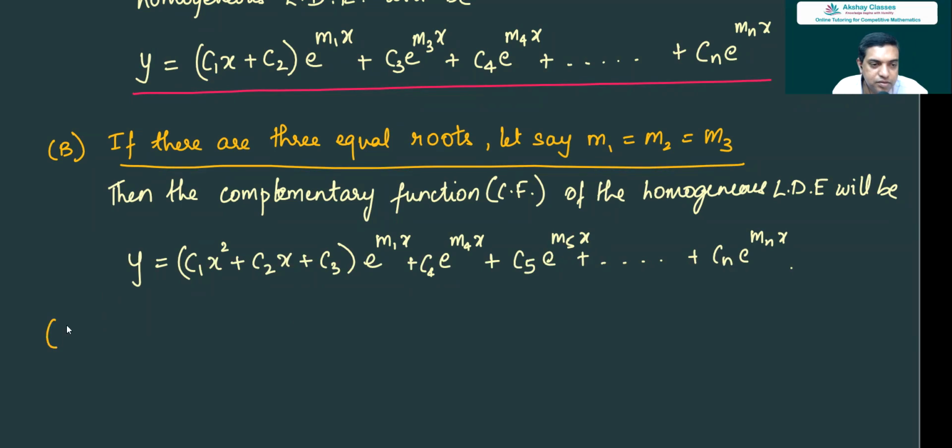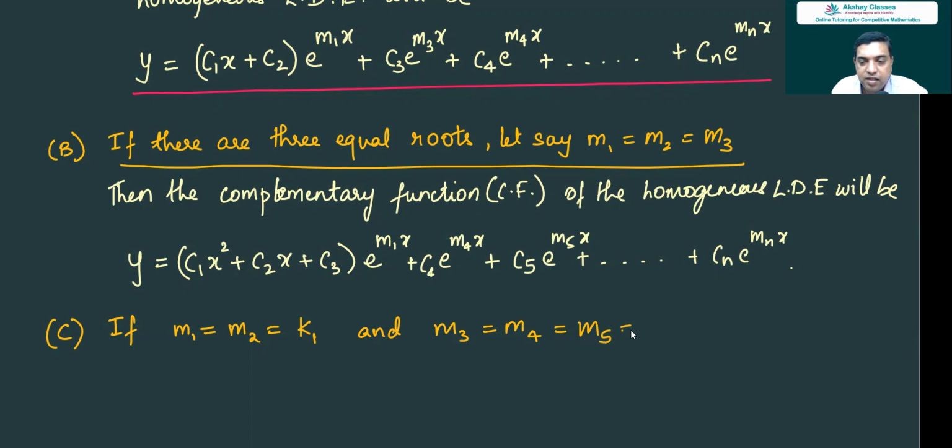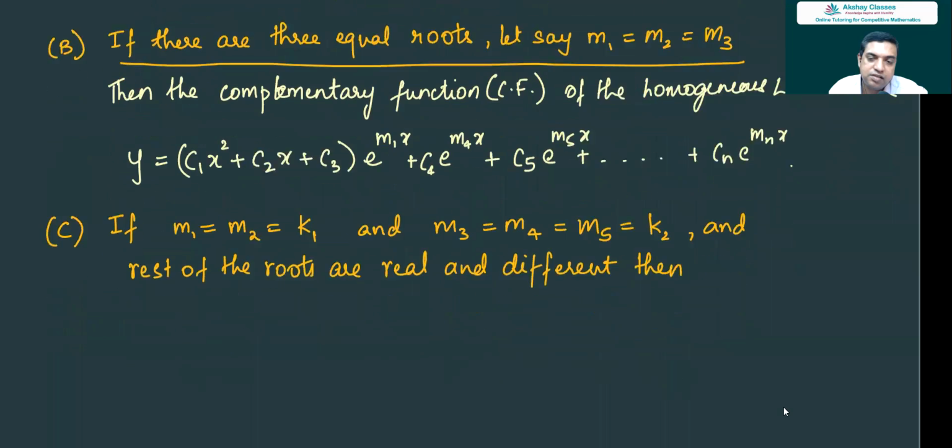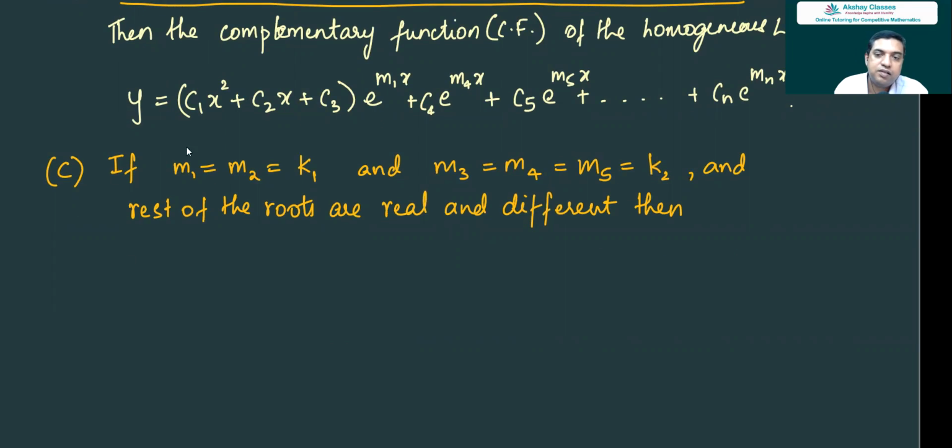Okay. So now if say m1 equal to m2 is equal to some k1, and m3 equal to m4 equal to m5 equal to k2, and the rest of the roots are real and different, then the complementary function will be y: two are equal, right?